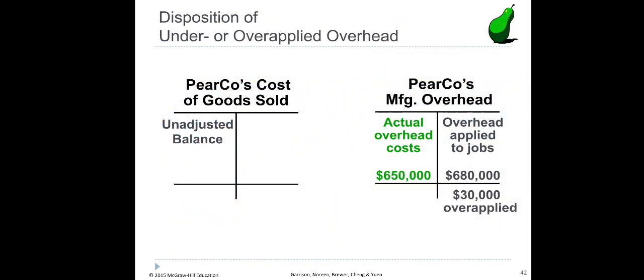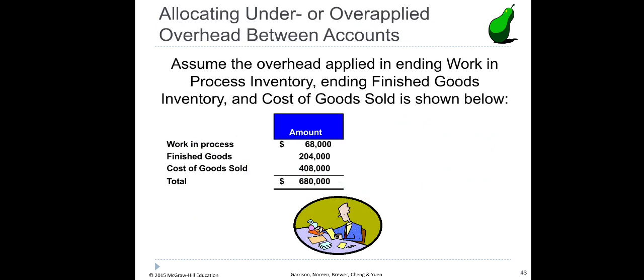Okay, if you check the slides, you can see the explanation about the way to record in the ledger, in the account of cost of goods sold and other accounts. So this is the first method, I think.